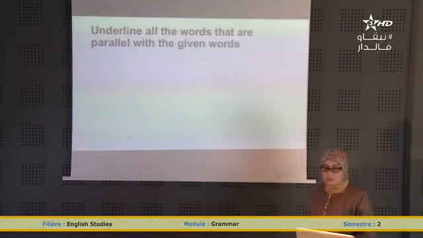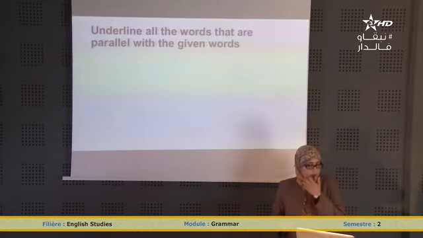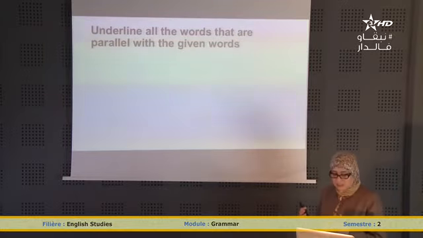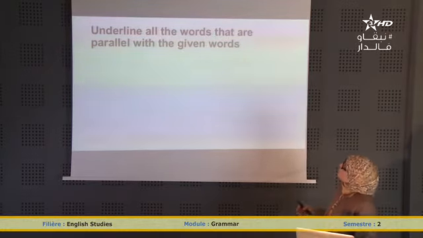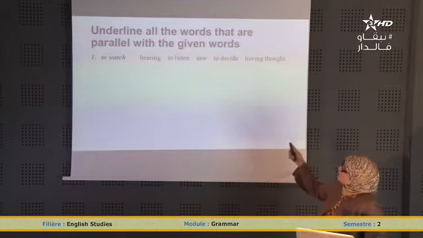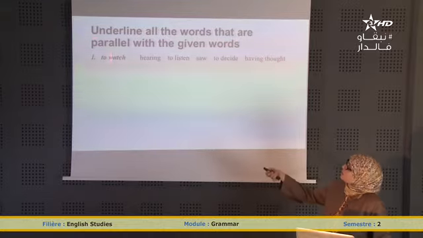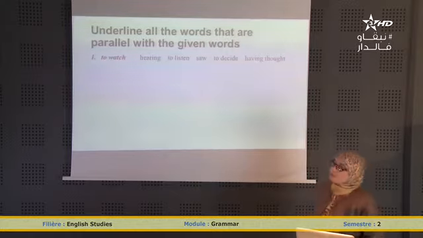Now look at this exercise that will allow us to see what we mean exactly by parallel structure. Look at the instructions: underline all the words that are parallel with the given words. So as you can see here, in one set you will have the given word, like here it is to watch. Now what you need to do is decide or underline which words are parallel with that word.